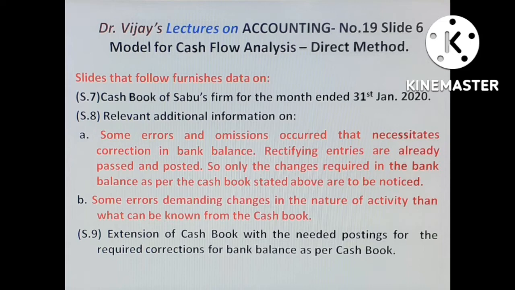Rectifying entries are already passed and posted, so only the changes required in the bank balance as per the cash book need to be noticed. And B. Some errors demand changes in the nature of the activity from what can be known from the cash book. Some activities, even though they look like investing activities, are actually financing activities. And slide 9 is the extended cash book in which the required changes are done. So please go through the three slides carefully.